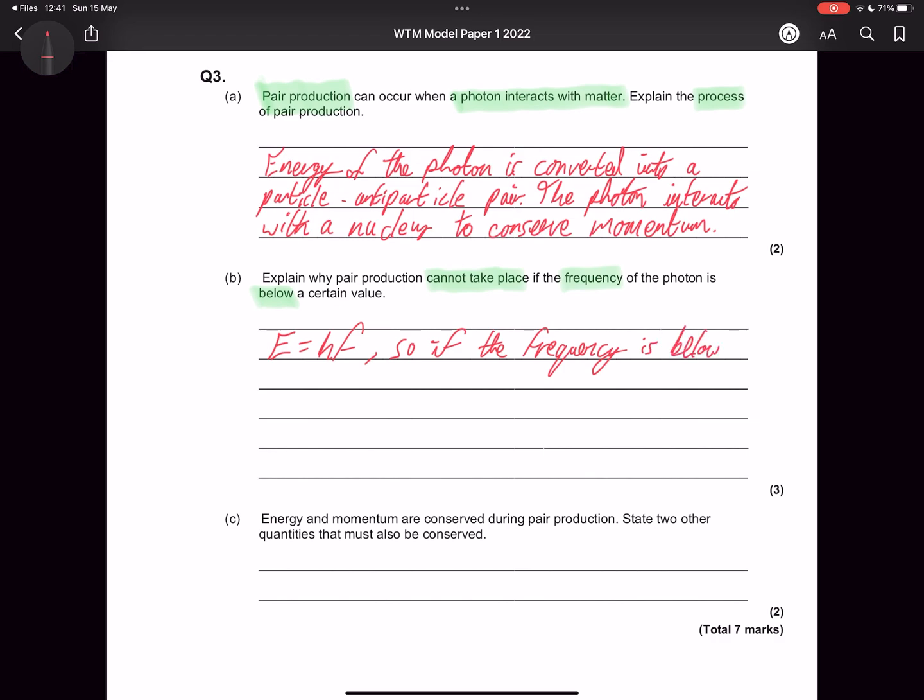Now, instead of saying to produce the particles, I would recommend using the phrase rest energy, because you're not just making things, you're converting the energy of the photon into the energies of these particles. And because they're slower than the speed of light, they will gain it as mass. So it makes perfect sense, and it is tying in with a lot of that A2 knowledge that you have on energy to mass conservation.